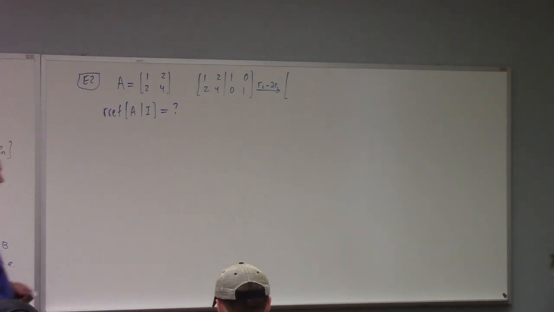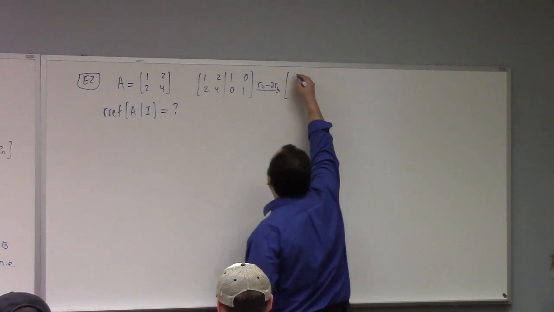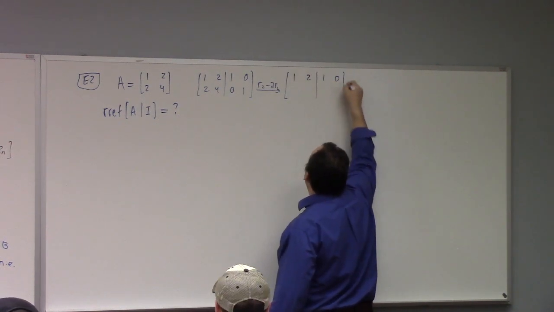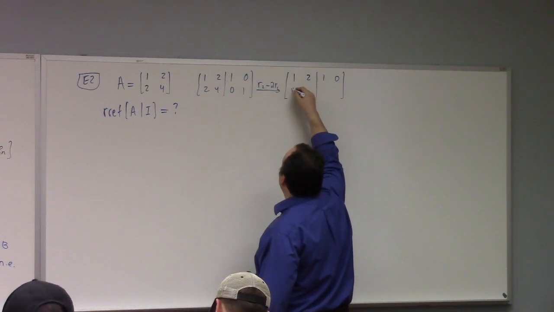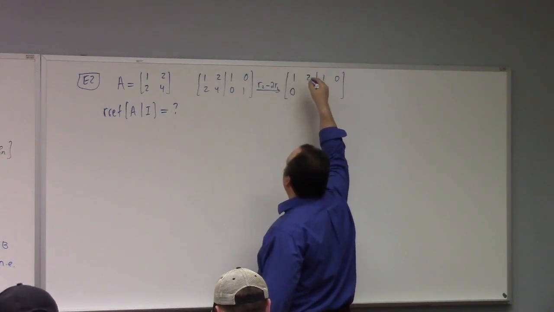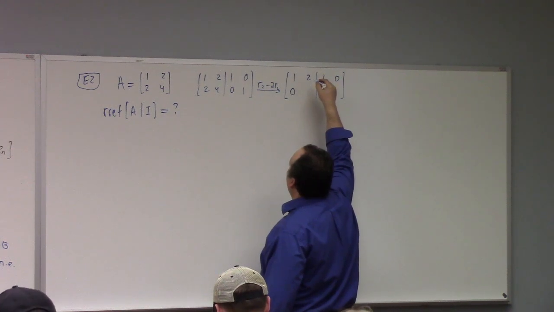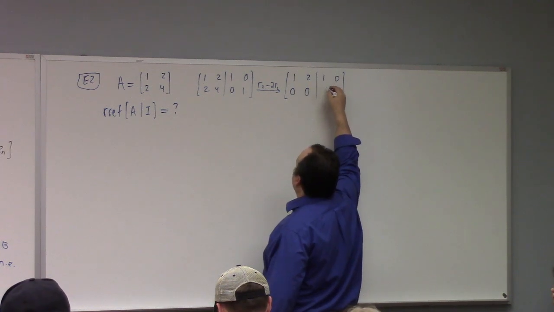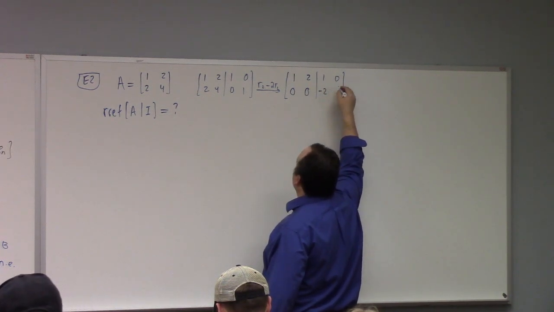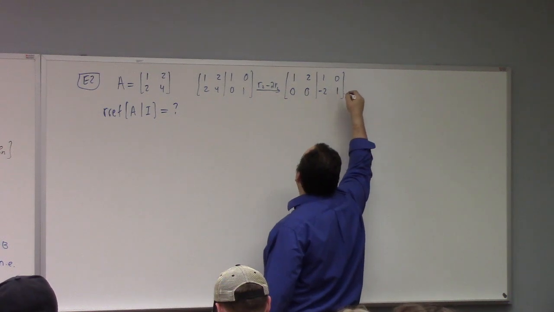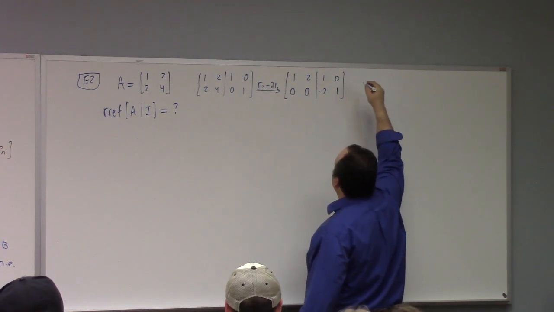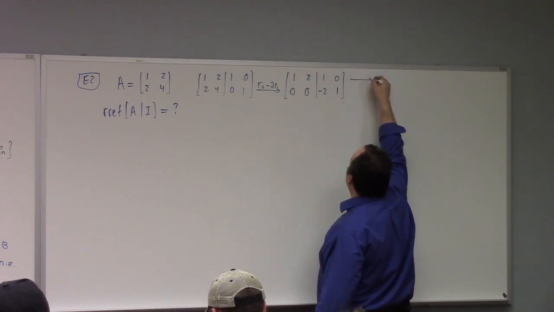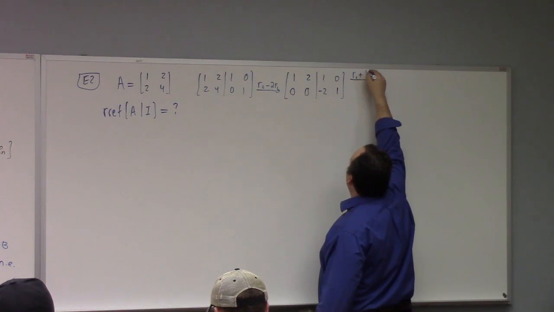So what's that give me? We got 1, 2, 1, 0 up here. And down here we got 0, 0, negative 2, and 1. Then I can do row 1 plus 1/2 row 2.